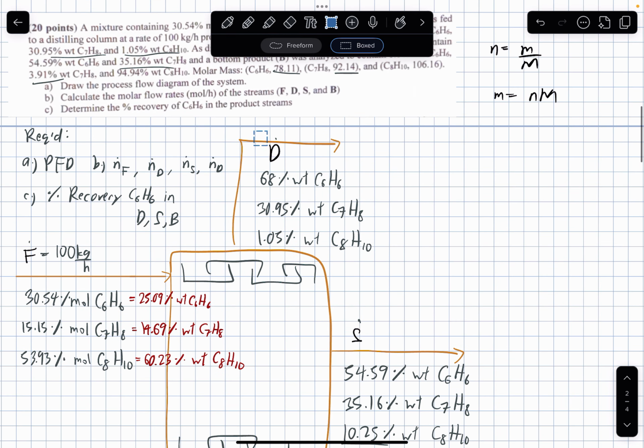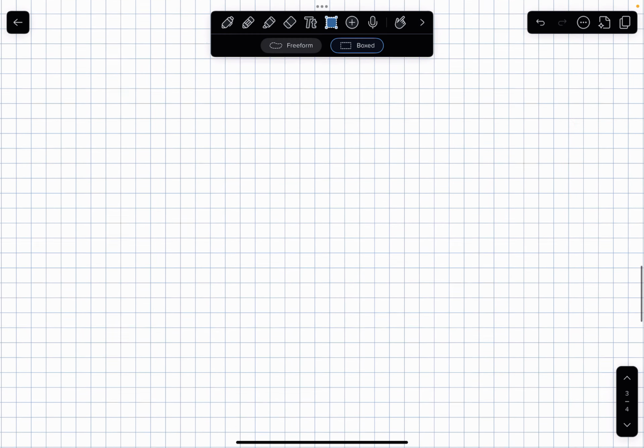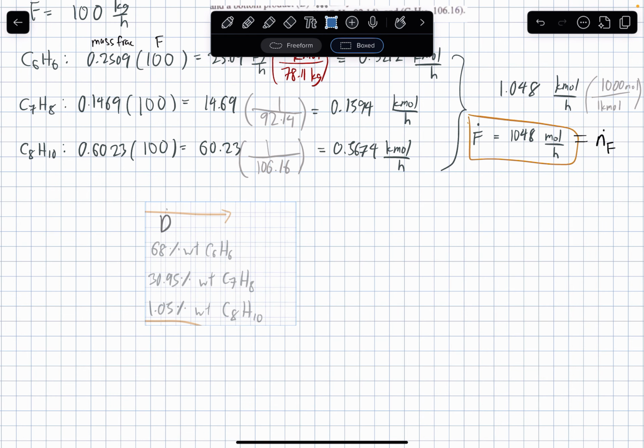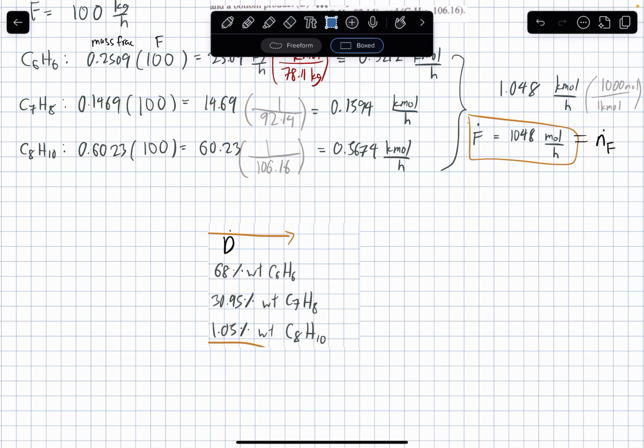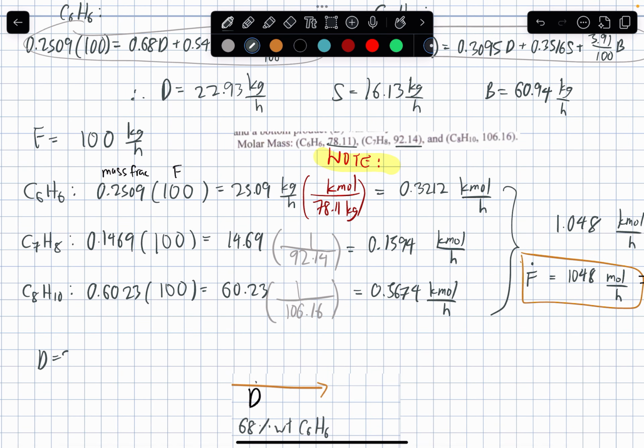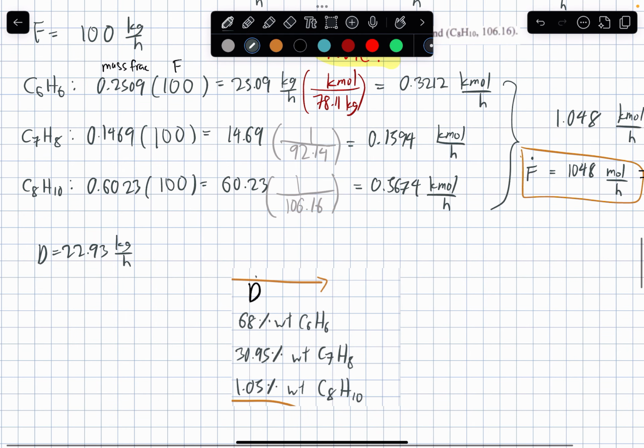Let's move on to a different stream. How much time am I spending? Let's be fast now. We can't spend much time on a single question like this. So given that D is 22.93, C6H6. Okay, so everything here is in percent weight.